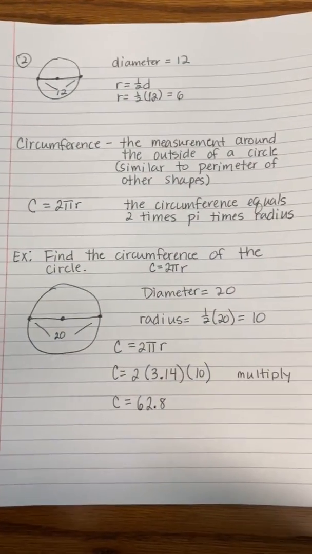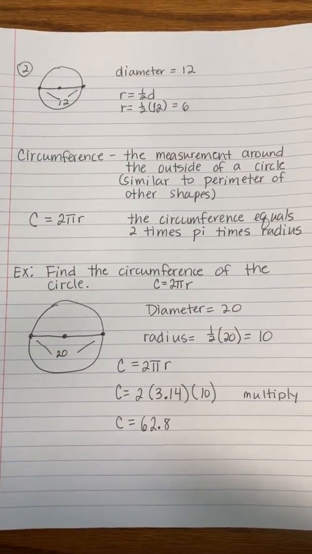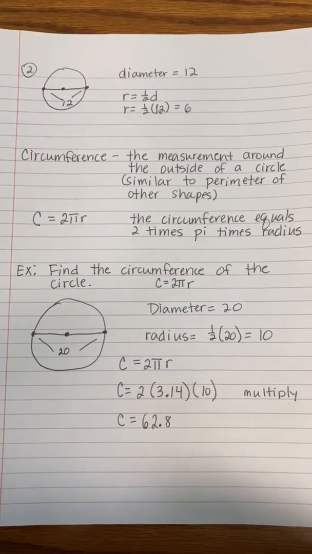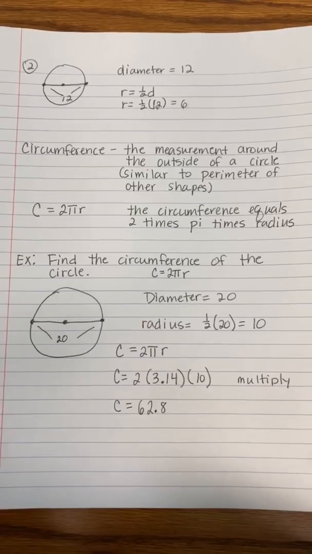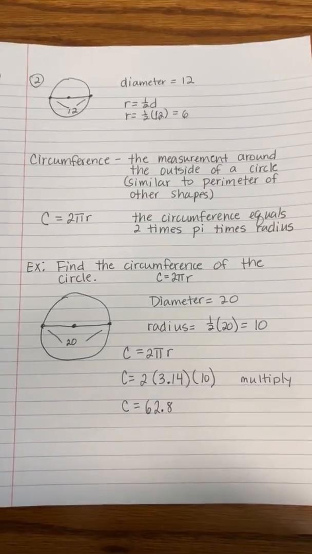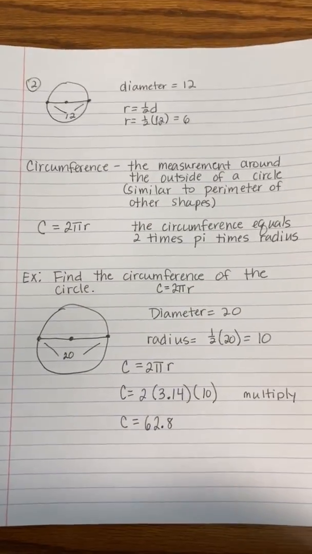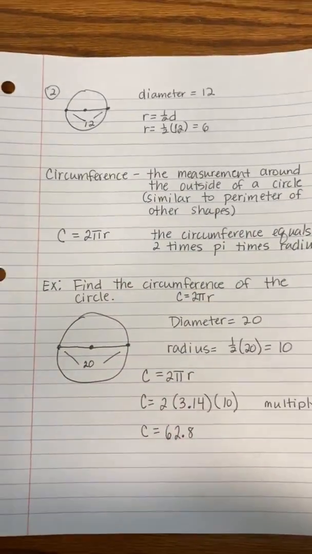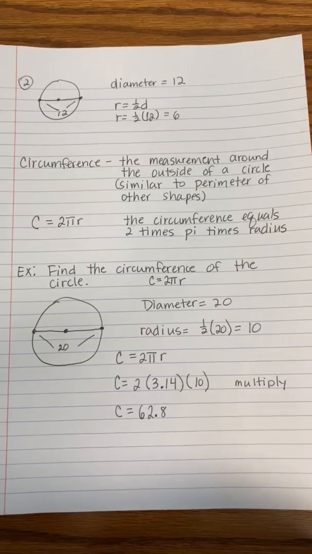All right, so for circumference. The circumference is the measurement around the outside of a circle, which is basically the same thing as perimeter on other shapes. For perimeter, we add the sides up, and for a circle, there are no sides. That's why it's called circumference, but it's basically the perimeter of the circle, its outside measurement.